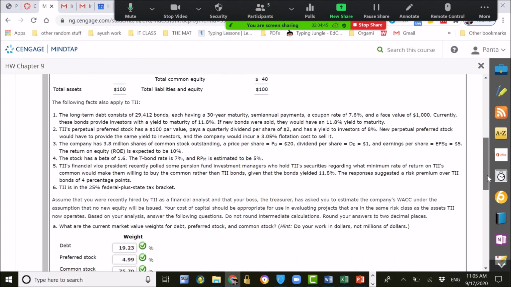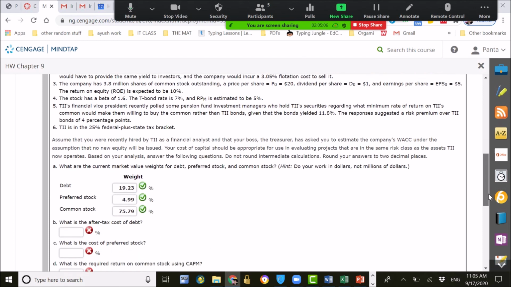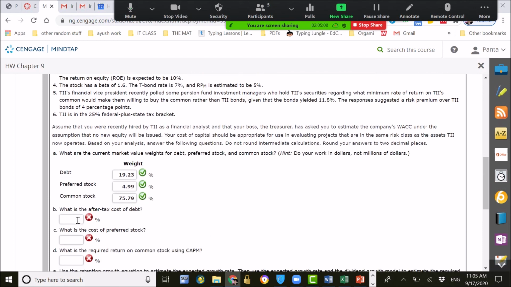And then what is the tax rate? 25%. So basically, 11.8% times (1 minus 25%), that's going to give you the answer for this one, right?